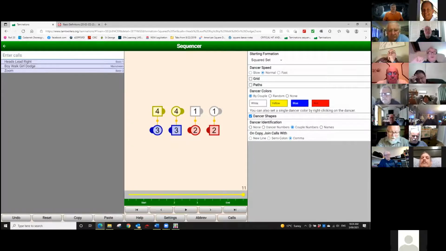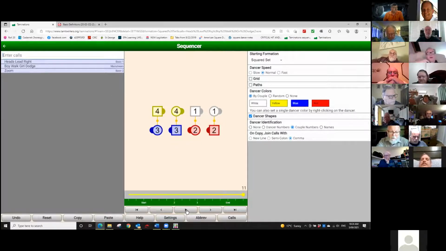You have more room from that tidy two-face line half tag and zoom than you have from, let's say, facing lines or static square star through and zoom. Yep. Because especially in a static square where the centers are facing each other, it's a lot tighter.